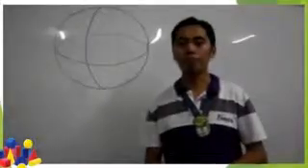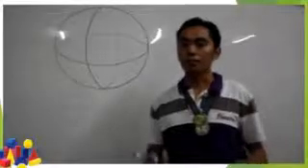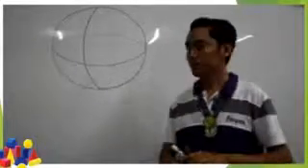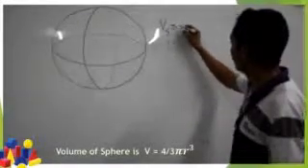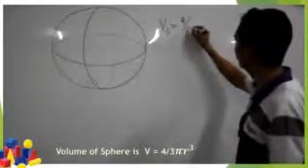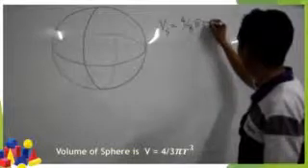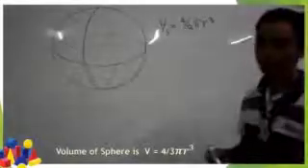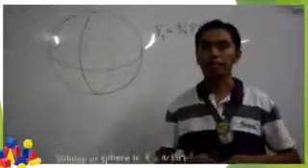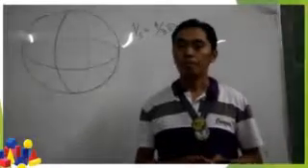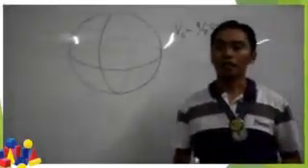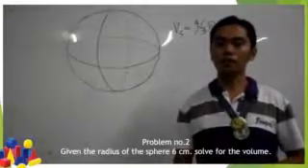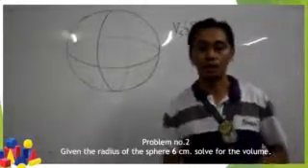The volume of a sphere is equal to 4/3 of pi multiplied by the radius raised to 3. Okay. For example, if the given radius is 6 cm, how can we solve this volume?